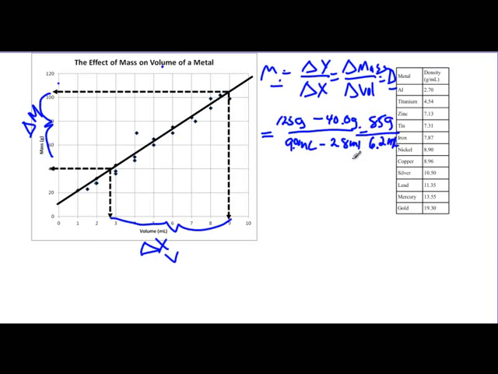And if I divide those, I get 13.7. It seems high.